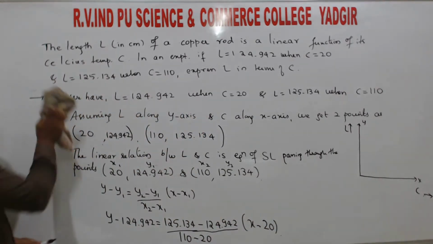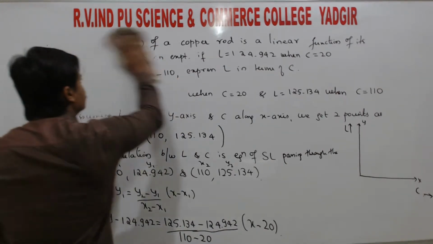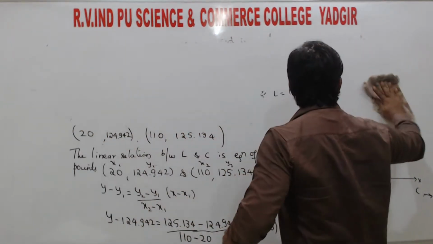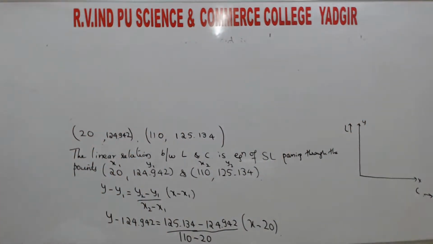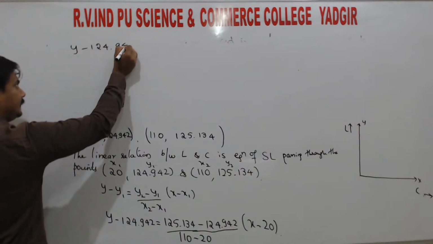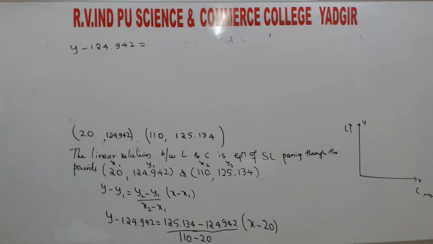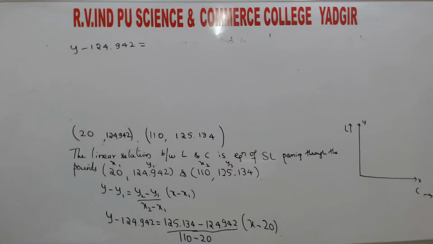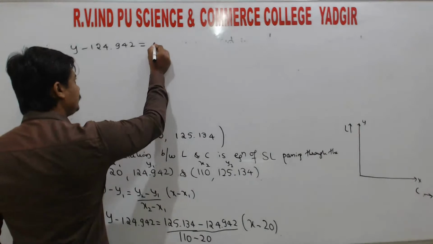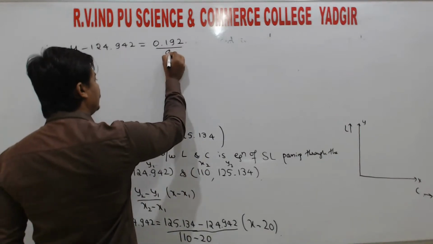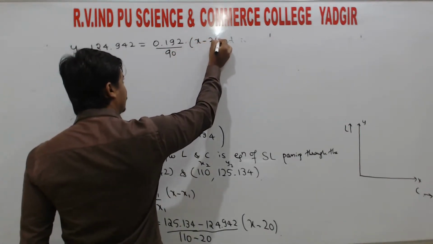Okay, further, let us simplify it. y minus 124.942 is equal to, if you subtract 125.134 and 124.942, we get 0.192 divided by 90 into x minus 20.